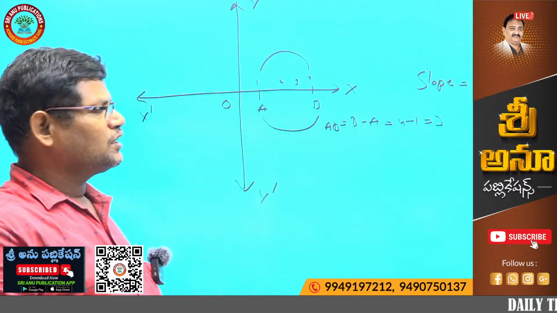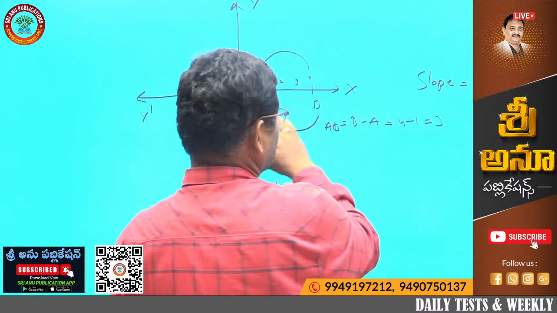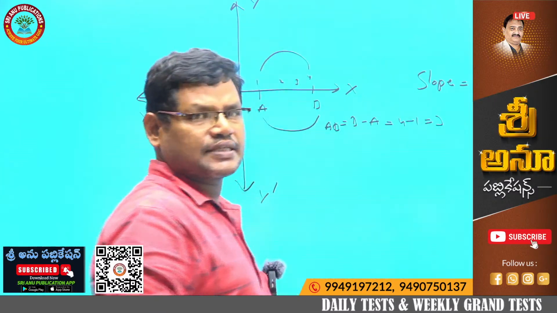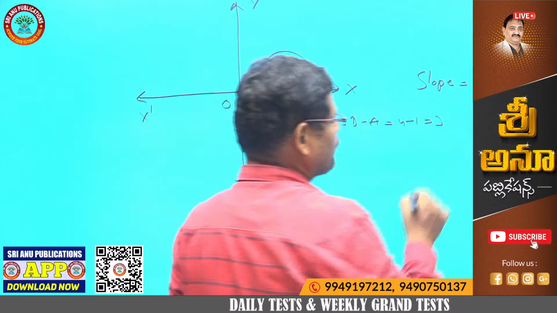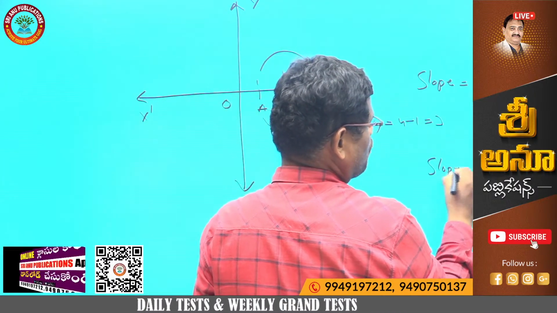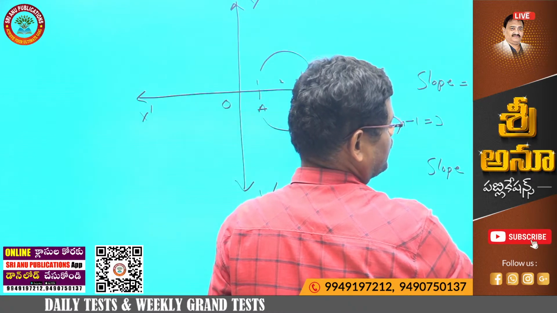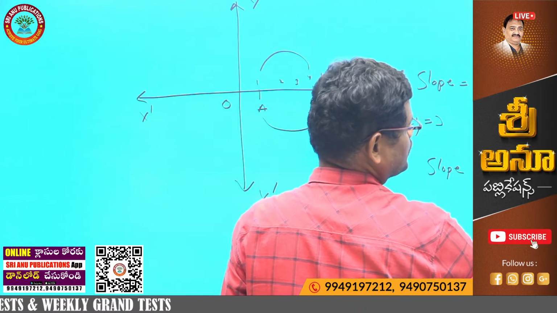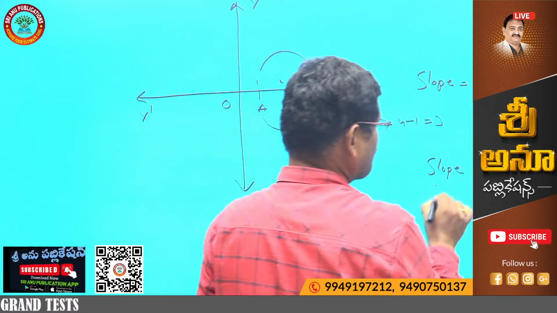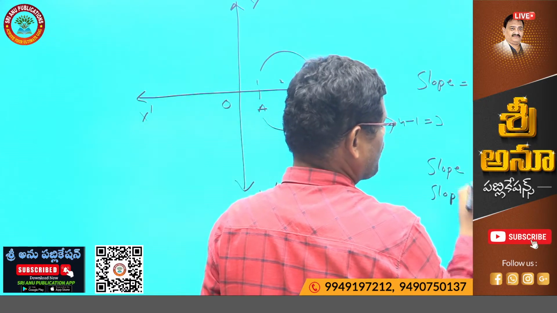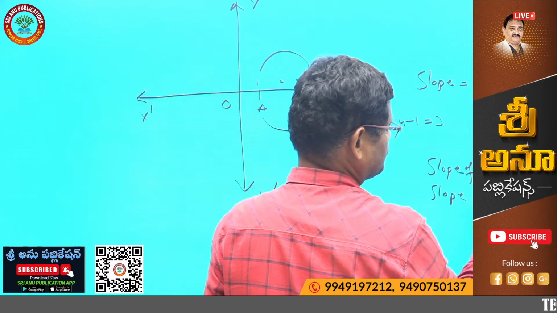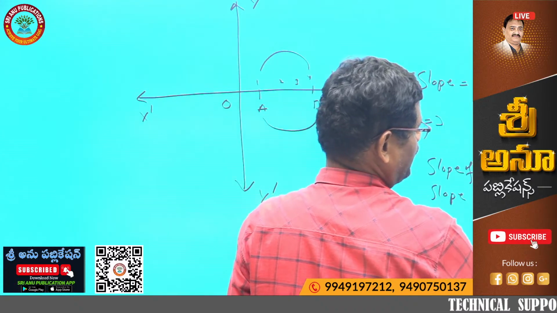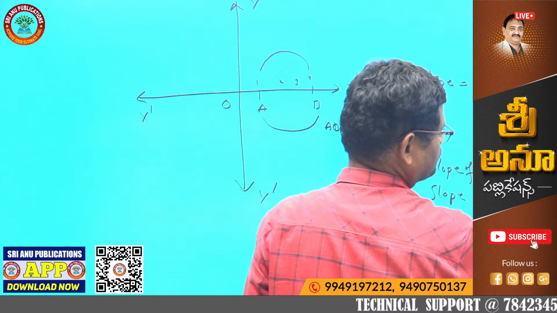That's why, as A and B are on the x axis, the slope of the x axis is 0, and the slope of the y axis is not defined.